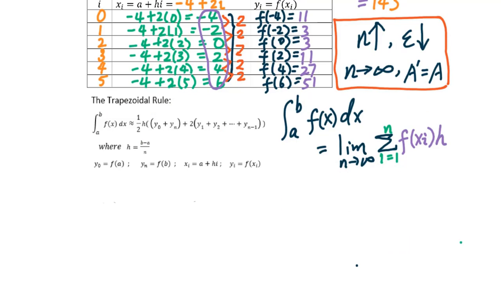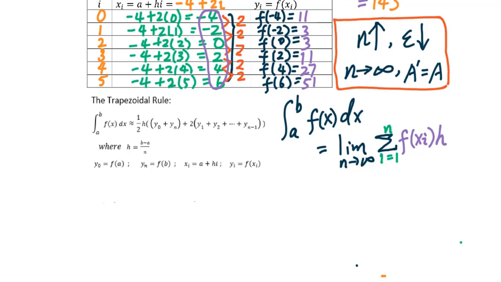Why does it only have f of xi times h? Because when you divide the interval into n parts and n approaches infinity, those trapezoids will be rectangles. You can count those trapezoids as rectangles. That's the reason we do f of xi times h.